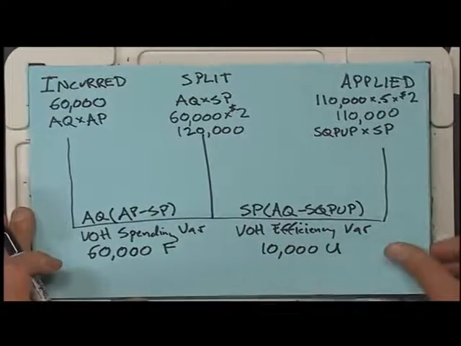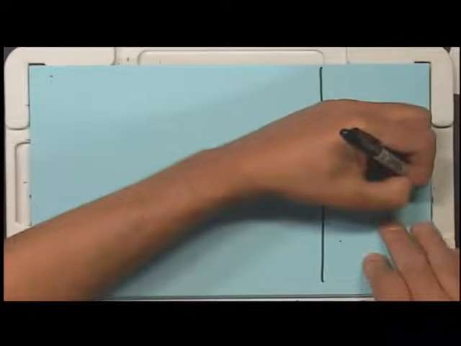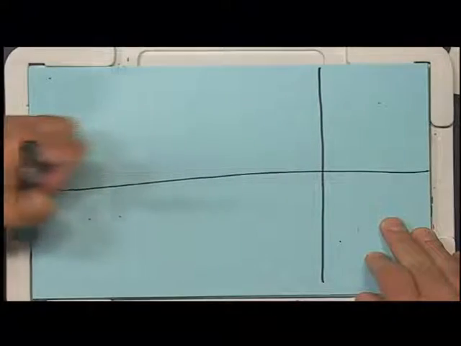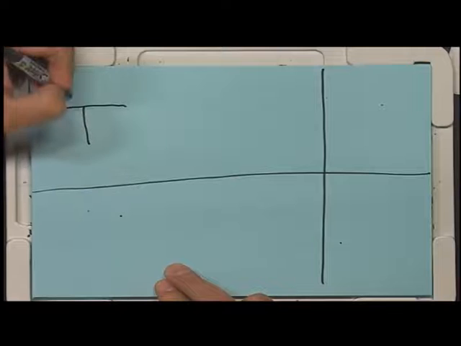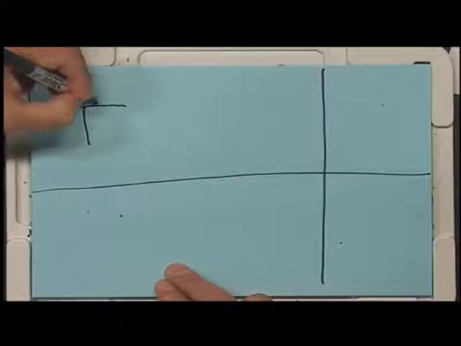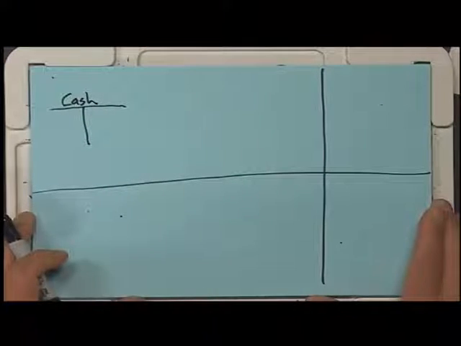Okay? Let's look now at the debits and the credits in the T-accounts. Let's just assume that the resource we're using up for variable overhead is cash.